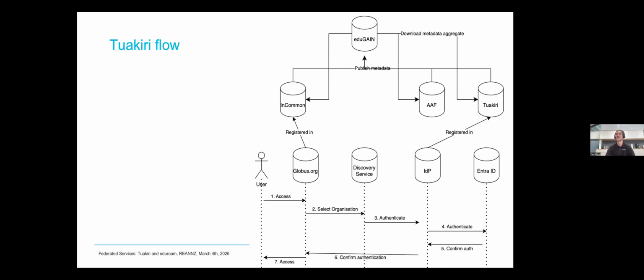In SAML, the technology underpinning the identity federations, metadata is an XML document that describes an entity participating in the federation, while an entity can be an identity provider or a service provider. And so these XML documents that list the entity identifiers, URL endpoints, and SAML certificates get collated by the national federations, published into eduGAIN, aggregated, and then the aggregate stream is consumed by each of the national federations and further distributed to their IdPs and SPs.